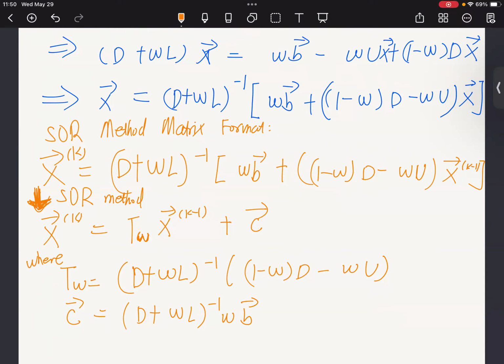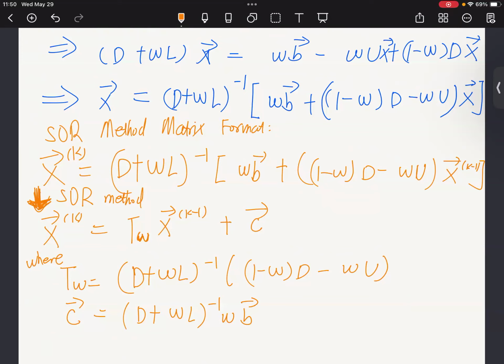So I'm going to skip this part, but I tell you the idea is that you have this expression, and then we calculate the spectral radius of it, and then you will get an expression of omega, and then you can do the minimization over the omega variable, and you will get the optimized value of omega, and that is the best SOR method you get.